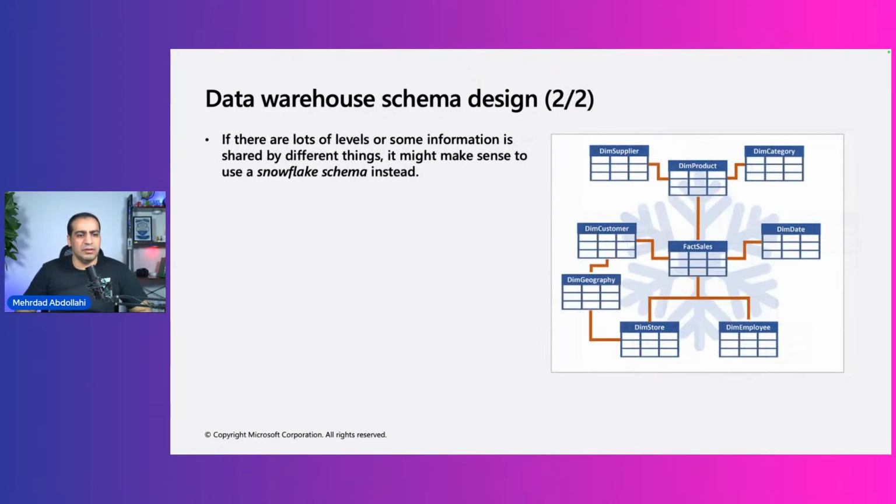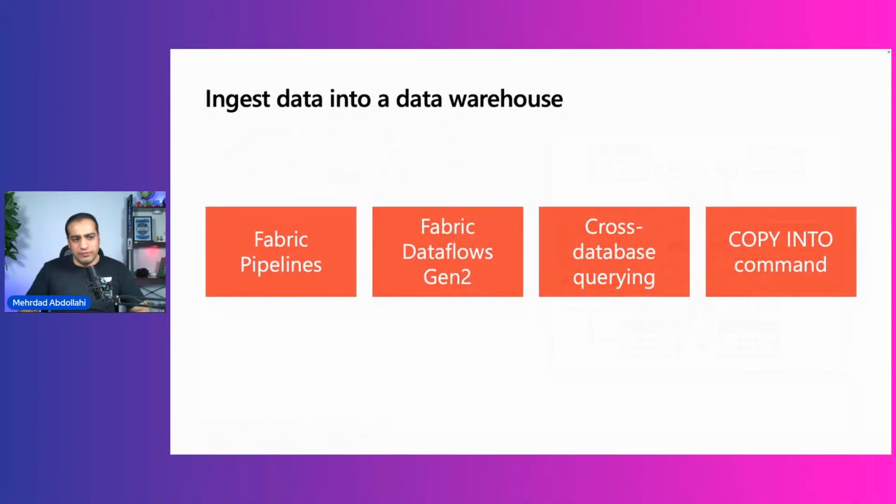And when the dimension cannot be denormalized, let's say, for example, when you have a dimension of your customer and a dimension of geography or location, and that dimension of geography can also be used in your dimension of stores, then it is going to make your schema a snowflake. However, the best practice and the best performance is always with star schema, and where you cannot actually achieve your goal, then you may have to go with the snowflake schema.